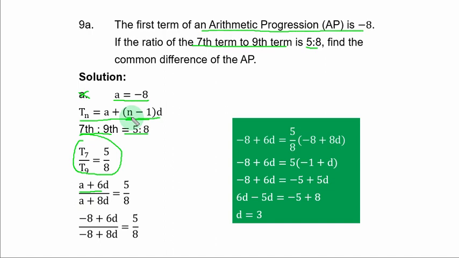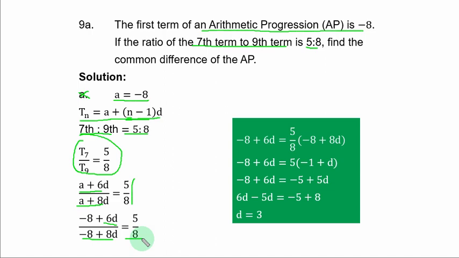So you have a plus 8d as the 9th term equal to 5/8. And the first term is minus 8. So you replace a with minus 8. So you have minus 8 plus 6d over minus 8 plus 8d equal to 5/8.